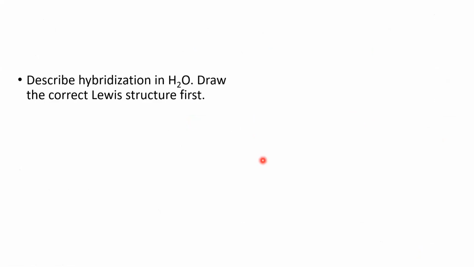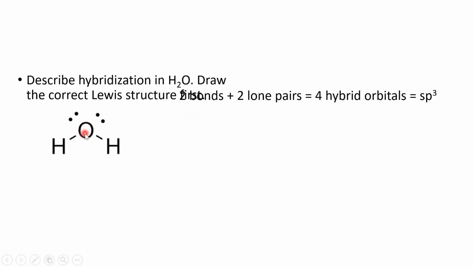So let's say we wanted to look at water. Okay, so this would be our Lewis structure for water. And we're going to look at the hybridization on our oxygen. If we look at oxygen, we have 2 bonds and 2 lone pairs of electrons.